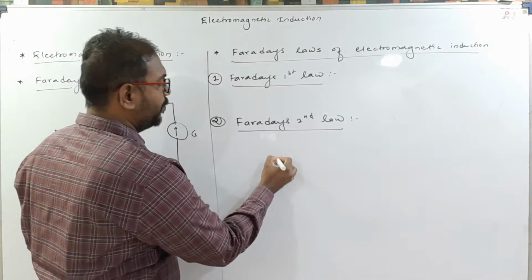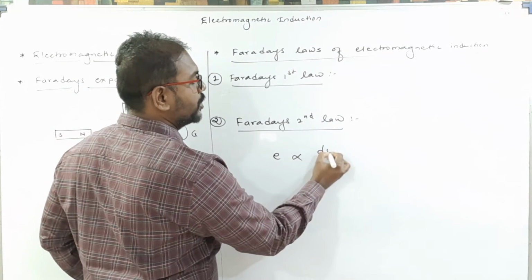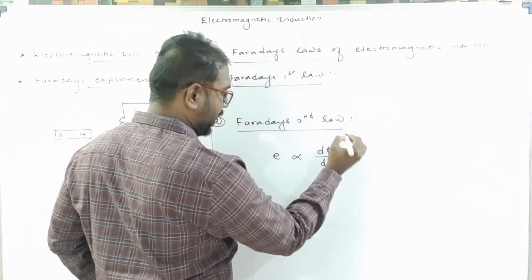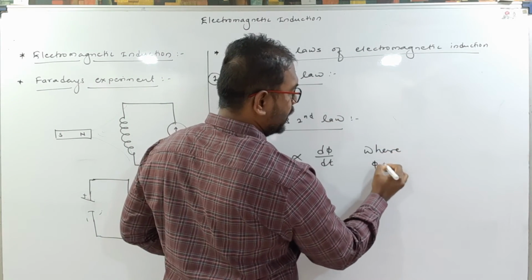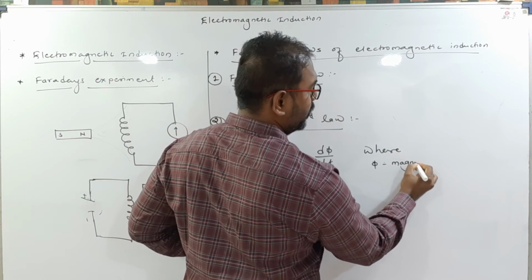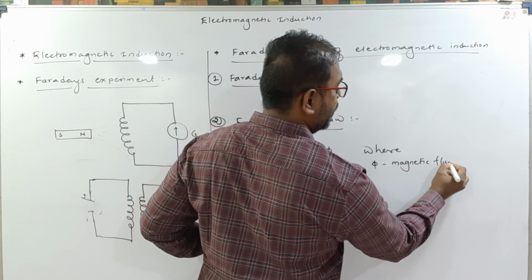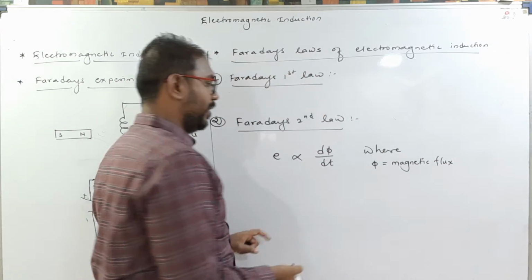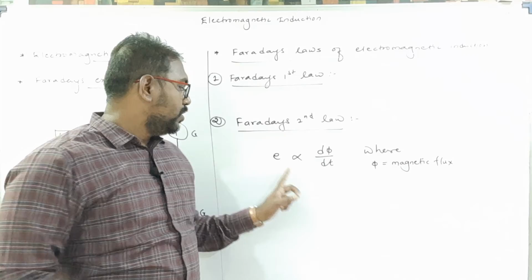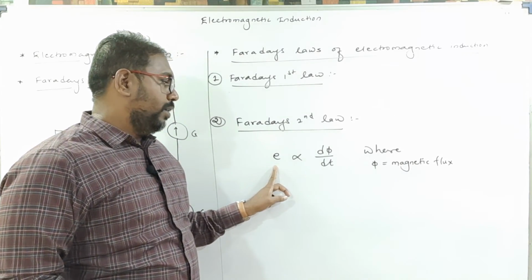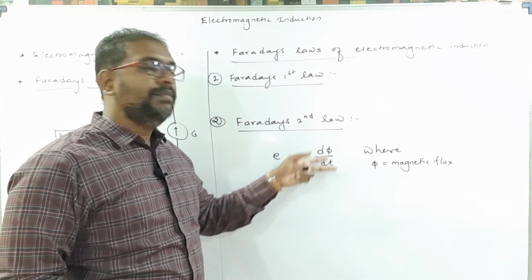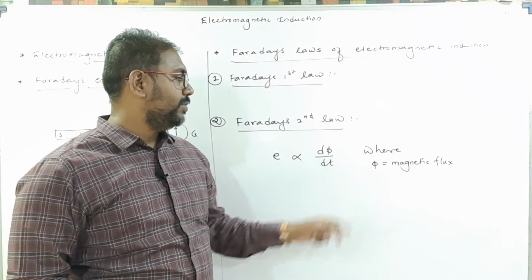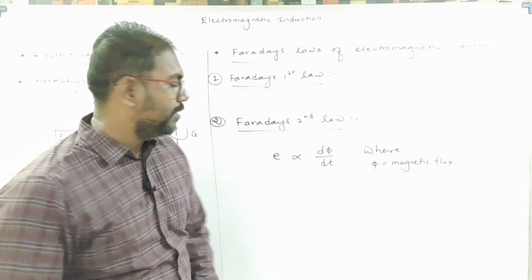So we can write here: EMF induced is directly proportional to the rate of change of magnetic flux, where phi is the magnetic flux. EMF induced in a coil is directly proportional to d phi by dt, the rate of change of magnetic flux associated with the coil.